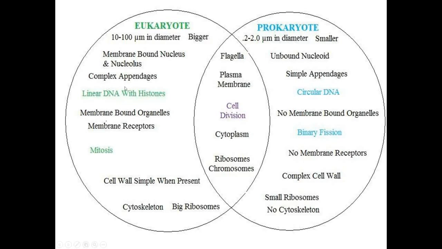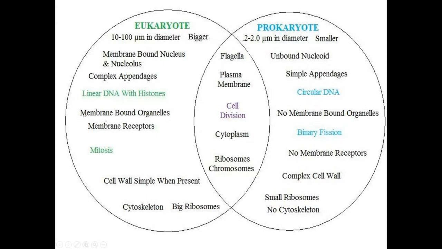Okay? So some of the other things that are different between these, one of the ones we're going to talk about today, is the presence of structures called organelles. Okay, so organelles are membrane bound, which means they have a membrane around them, the compartments. They're only present in eukaryotes. So you can see over here that prokaryotes don't have any membrane bound organelles.